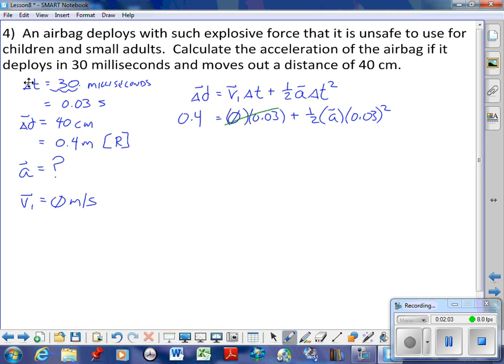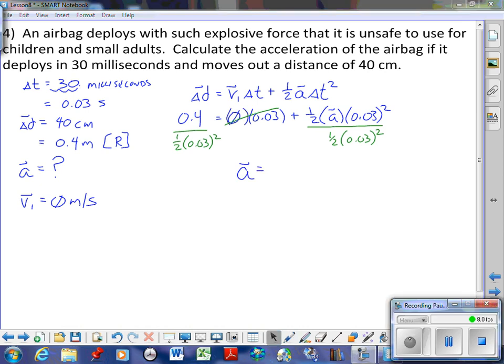So I want to get A by itself, so I'm going to divide both sides by 1/2 times 0.03 squared. That would leave me with acceleration equal to 888.9 meters per second squared forward.